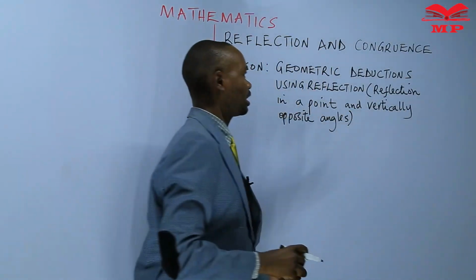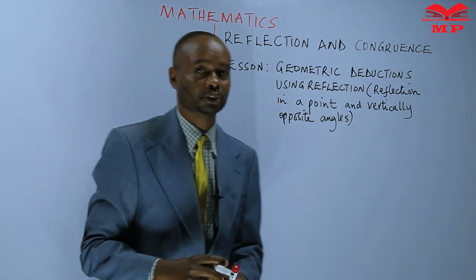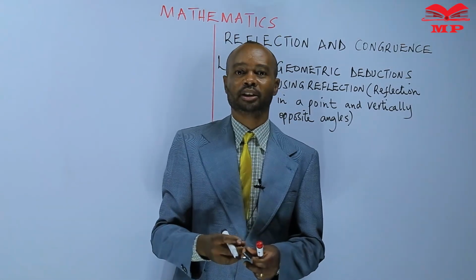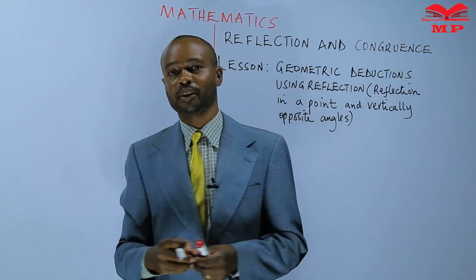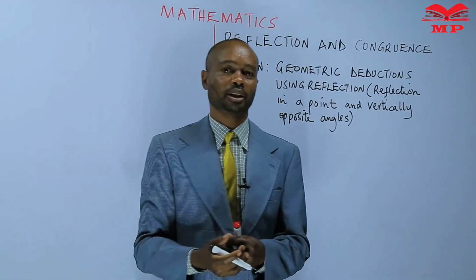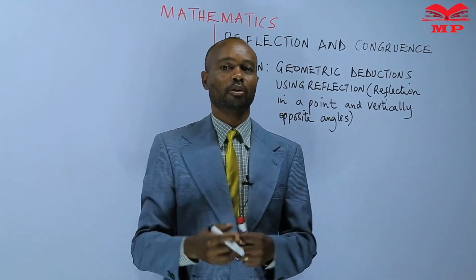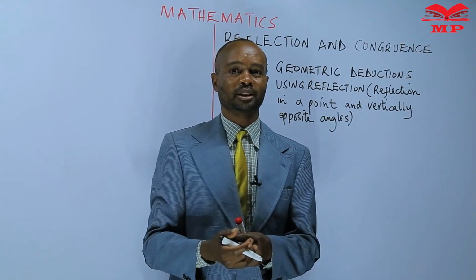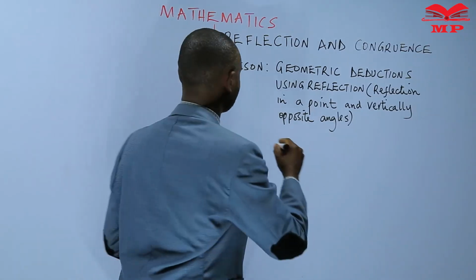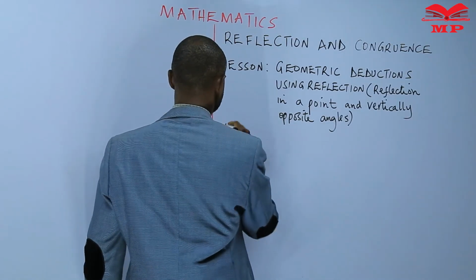At the end of the lesson, the learner should be able to understand the relationship of reflecting through a point and what it has to do with vertically opposite angles.